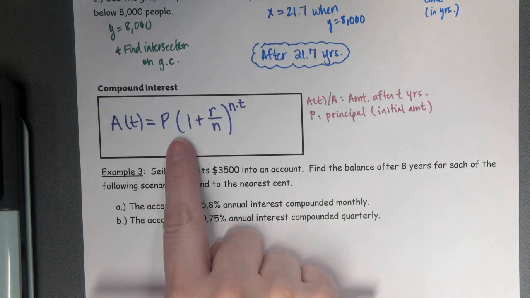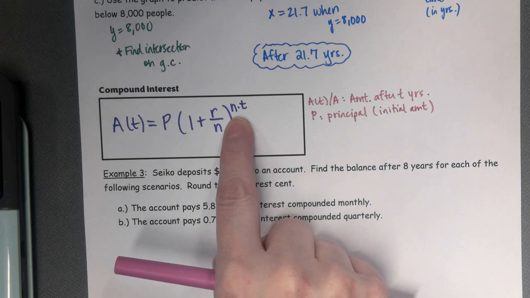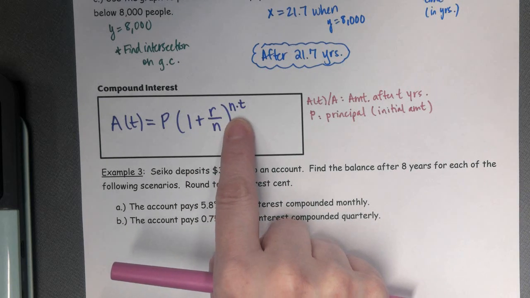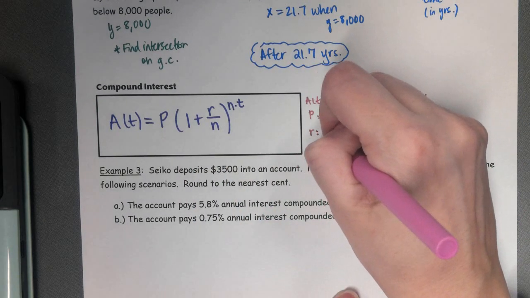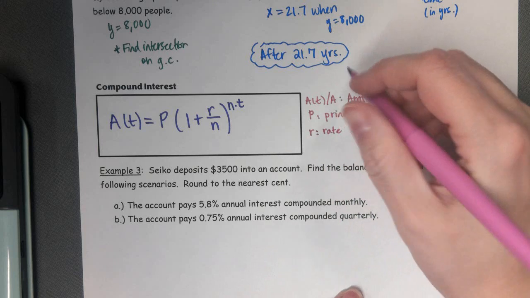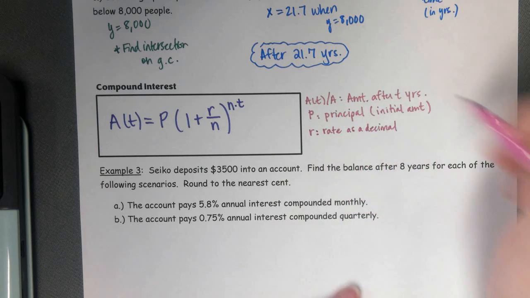And then, so this is P times 1 plus R over N to the power of N times T. And then your R is still the same, so your R is the rate as a decimal. So it's always going to be the rate as a decimal.